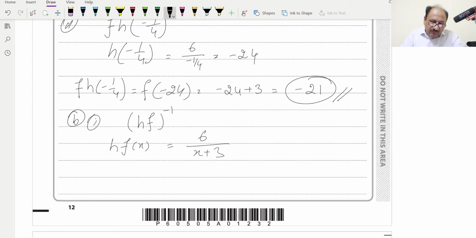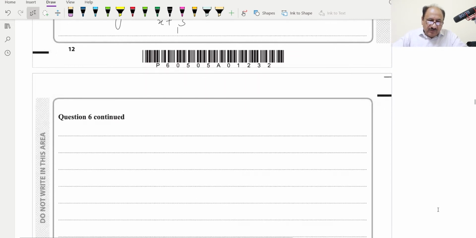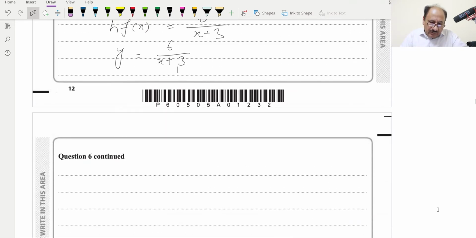Basically what we have done, we have taken f of x and replaced it in h of x, and we got this one, and we can rewrite it as y is equal to 6 over x plus 3, and further we can shift x plus 3, and we have to make x the subject, so this will be 6 over y.